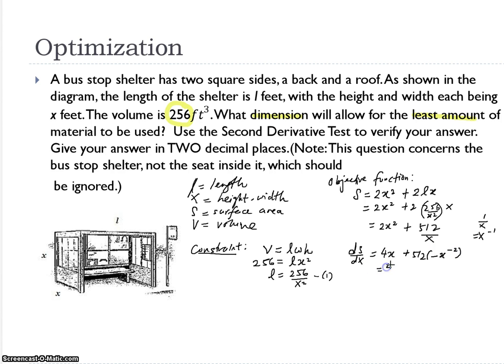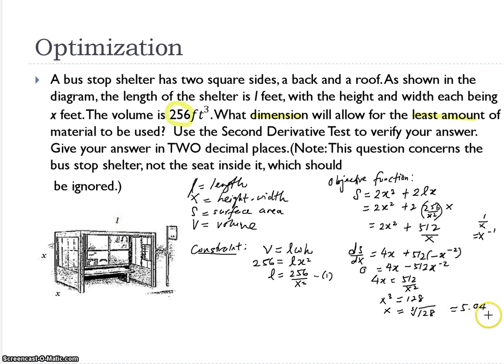So our first derivative is 4x subtract 512 x to the power negative 2. If we let dS/dx equal 0, we can solve for the value of x. We get x equals the cube root of 128, which is around 5.04.